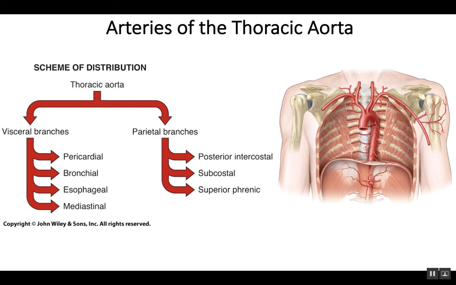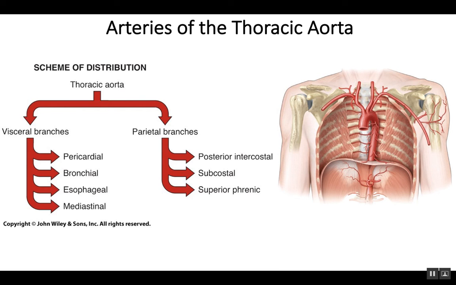The esophagus is going to be in the thoracic cavity, and then other structures in the mediastinum get blood flow using mediastinal arteries. So those just go to organs that are in the thoracic cavity.